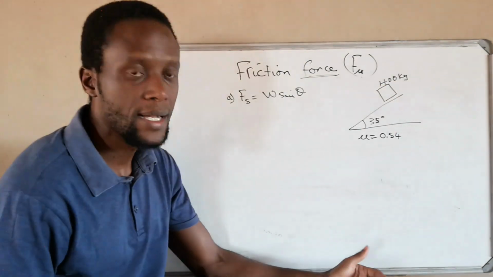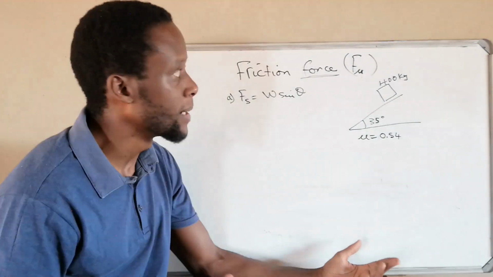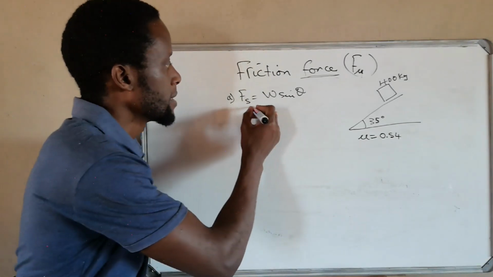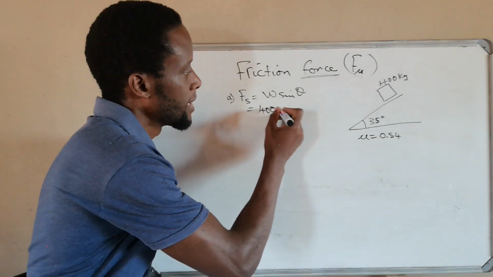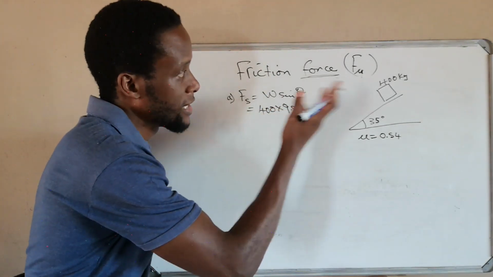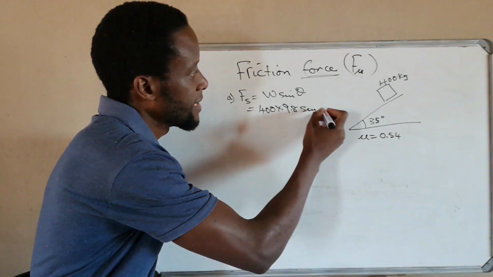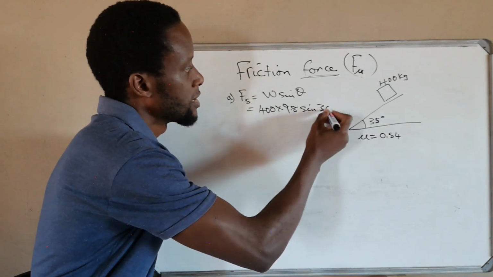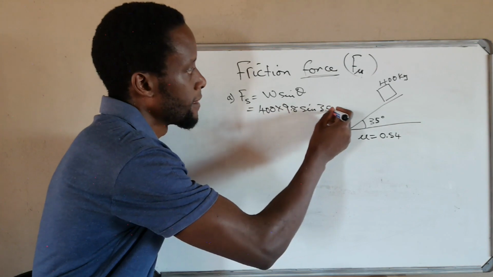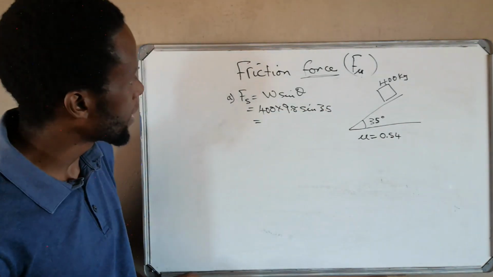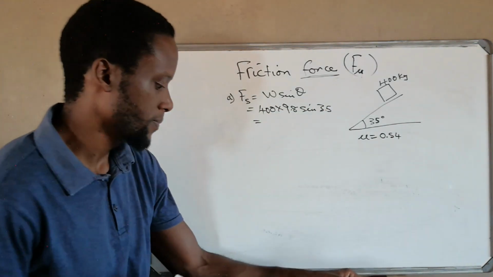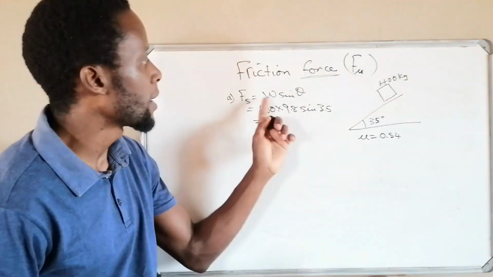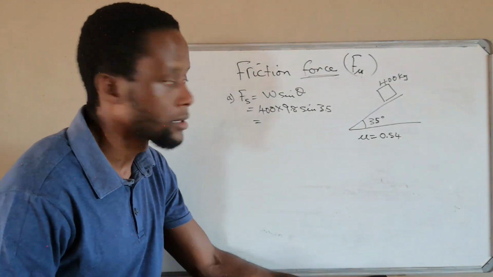So we convert that mass to a weight by multiplying by 9.8. So we are doing 400 times 9.8 to convert that mass to a weight, then times sine of our angle theta, 35 degrees, and we get the weight component parallel to the incline.